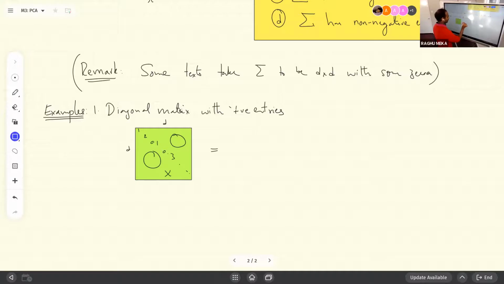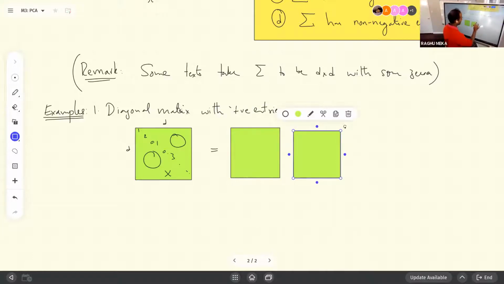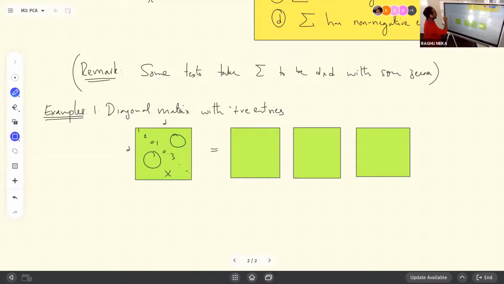Well, I just need to find some factorization which satisfies those conditions, right? And I'm claiming here's one, pretty straightforward one, which is I can take the first matrix U to be the identity. All of its columns are actually orthonormal. And I can take this one also as the identity.